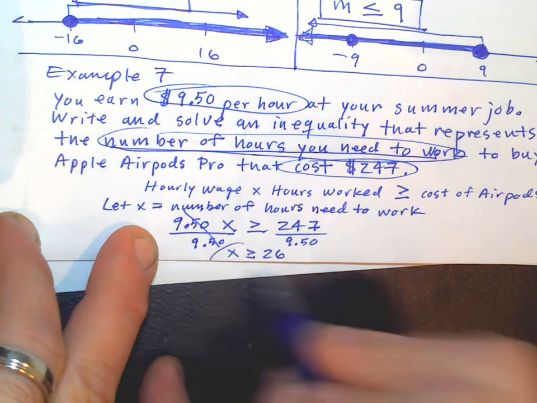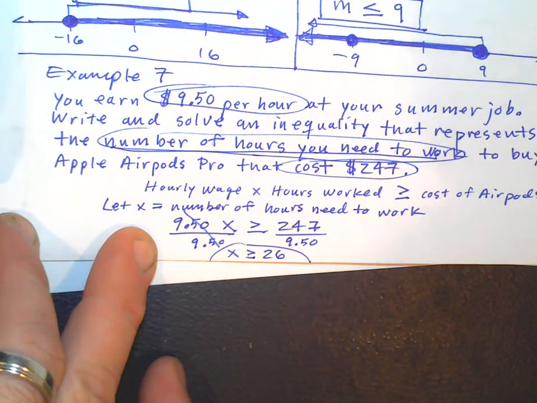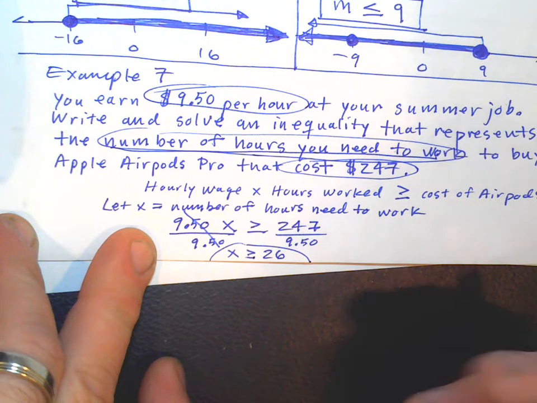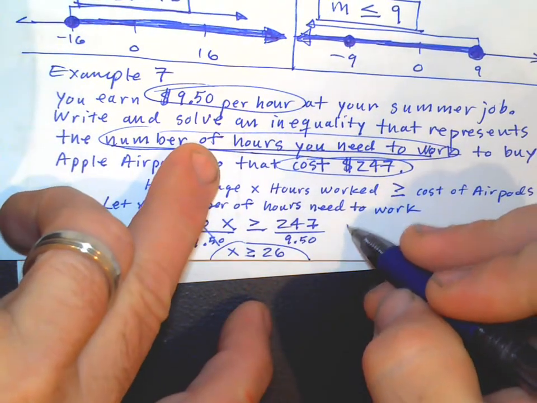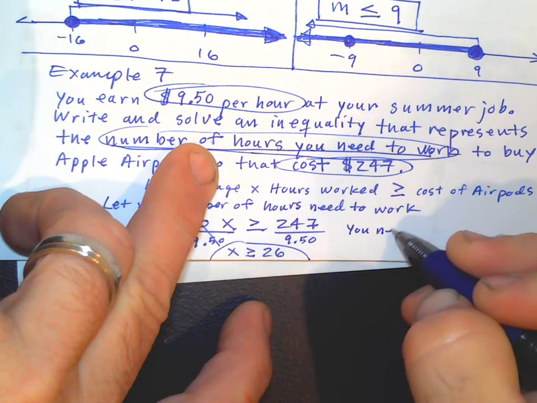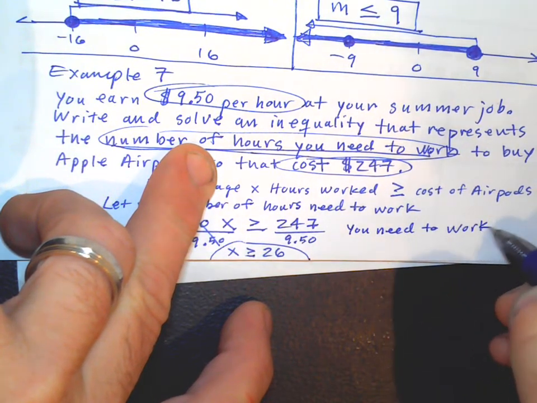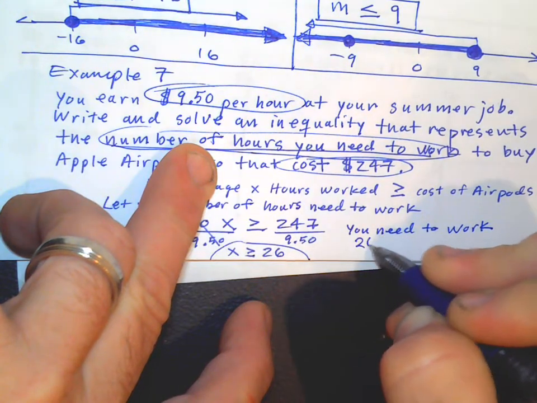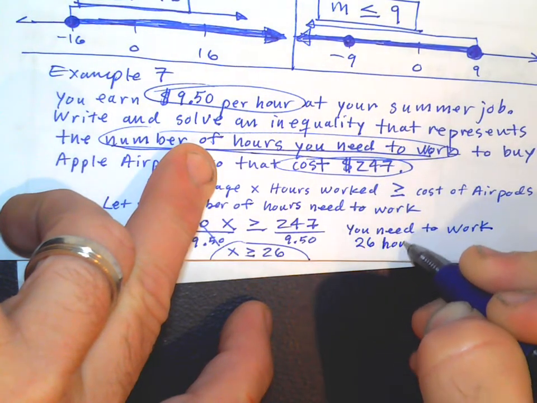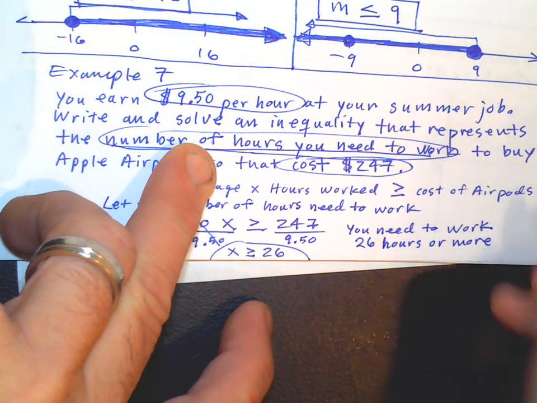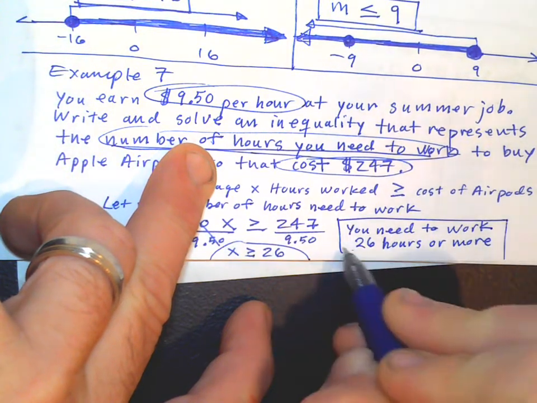Now that's fine, but because this is a word problem, and we created a variable that someone else might use a different letter for, we need to write it as a sentence. So you need to work 26 hours or more. That's your final answer.